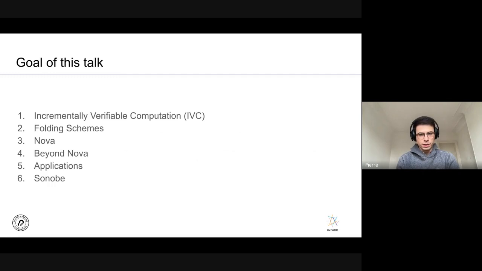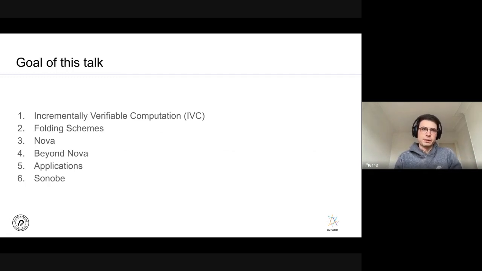Then I will introduce folding schemes. A folding scheme is actually a very simple cryptographic scheme where the idea is that the prover wants to convince a verifier, at its most basic level, that he knows two satisfying witnesses to an R1CS.